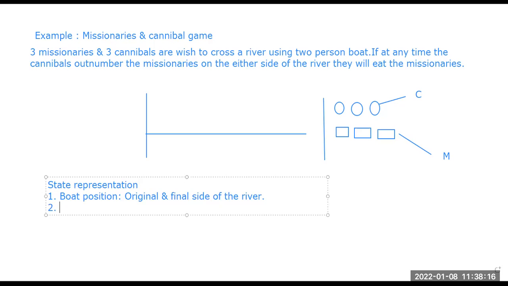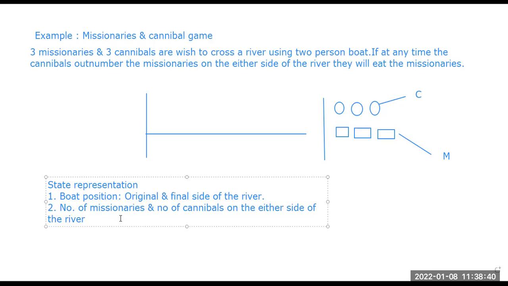Now, number two, what is the next state representation? The number of missionaries and the number of cannibals on the original side of the river, and on either side of the river.